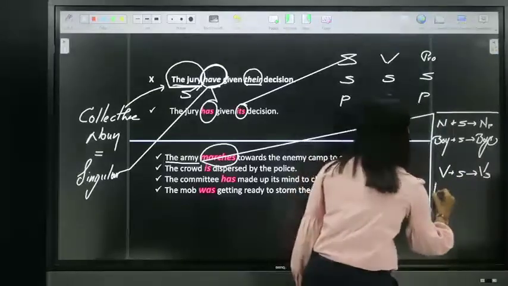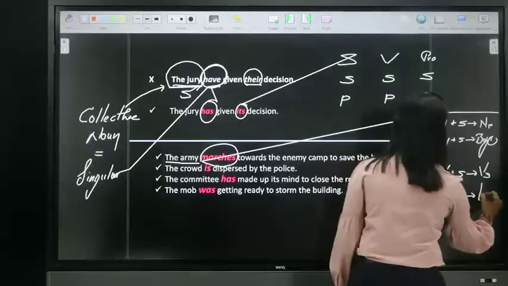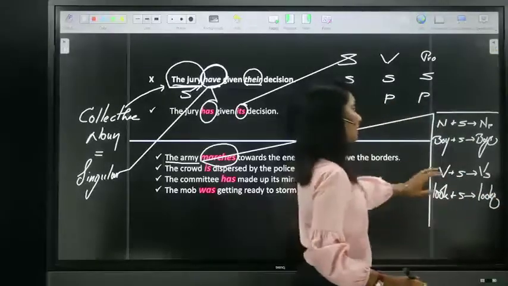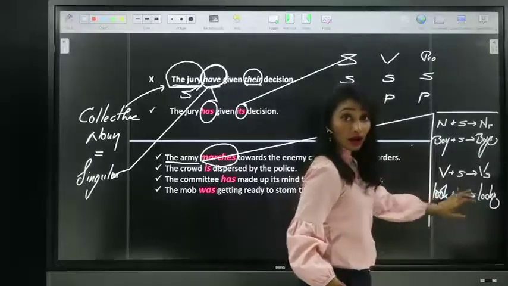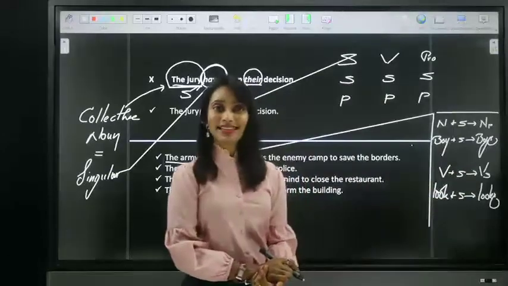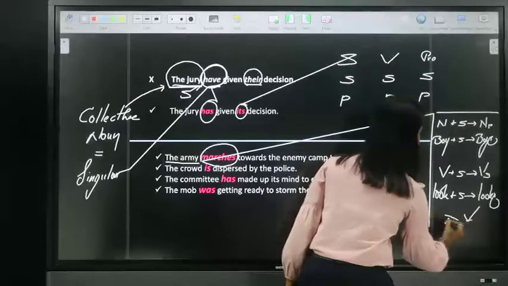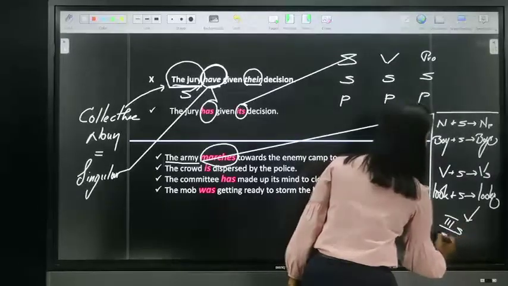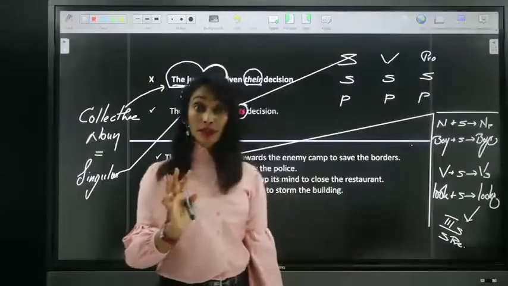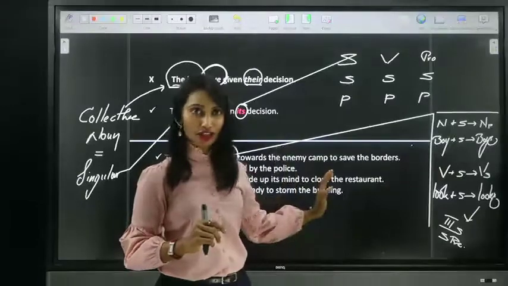For example, look plus s, looks, is a singular verb. The boy looks, not the boy look, because singular verbs end with the letter s and we have to use them only with the third person singular in simple present tense. So keep that in mind.